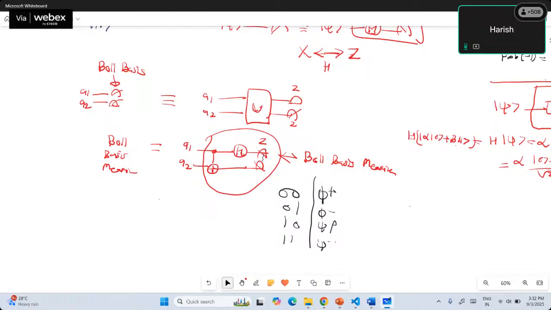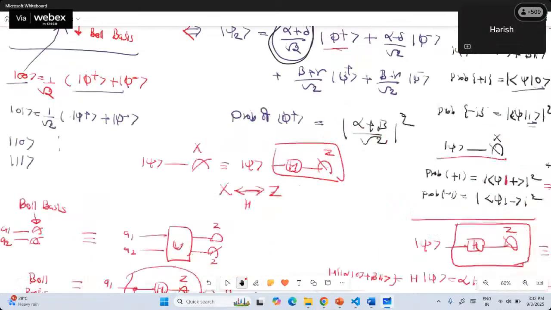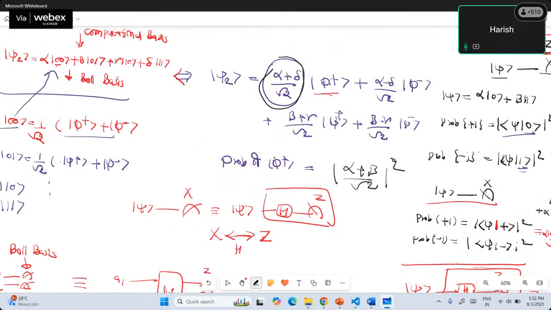So what we are saying is that we want to perform the Bell basis measurement, but we are doing this two gate operation and measuring in Z basis. And on Z basis measurement, we will get this thing. So how will we know that 0, 0 means our Bell basis measurement is phi plus? Basically, you wanted to see whether it is phi plus, phi minus, psi plus or psi minus.